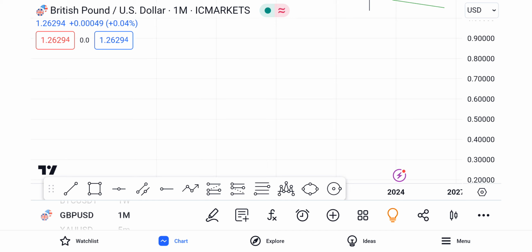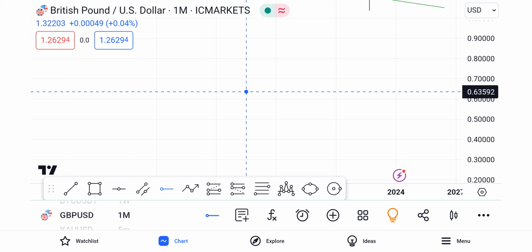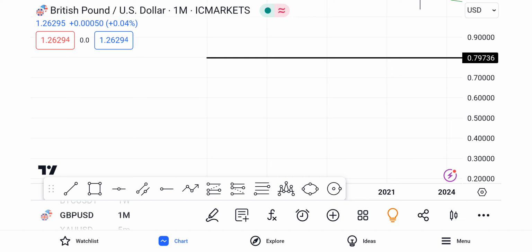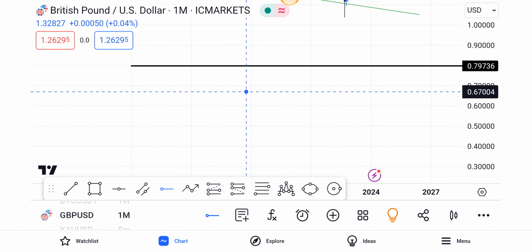So let us look at the other scenario when it is not ideal for us to use trend lines. Let us say we have two areas like this.